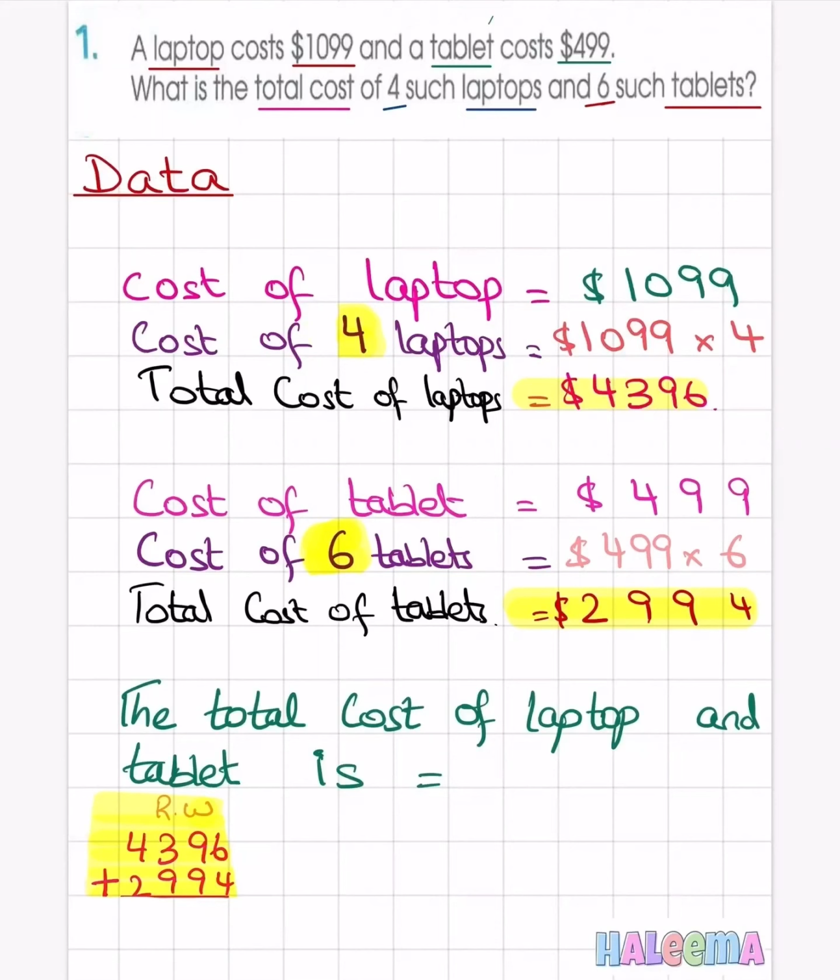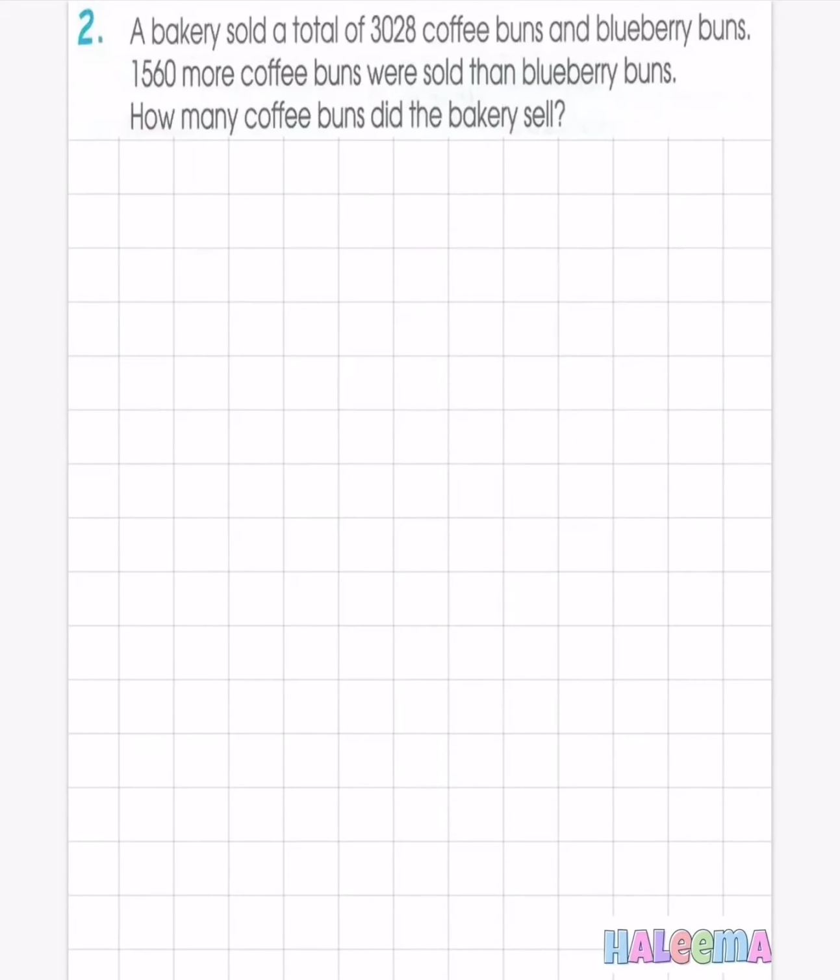Starting from the ones place, 6 plus 4 is 10, 9 plus 9 is 18, plus 1 is 19, carry 1 and 9 down. 3 plus 9 is 12, plus carry 1 is 13, 4 plus 2 is 6, plus carry 1, 7. So our total cost of laptop and tablet is 7,390, right?